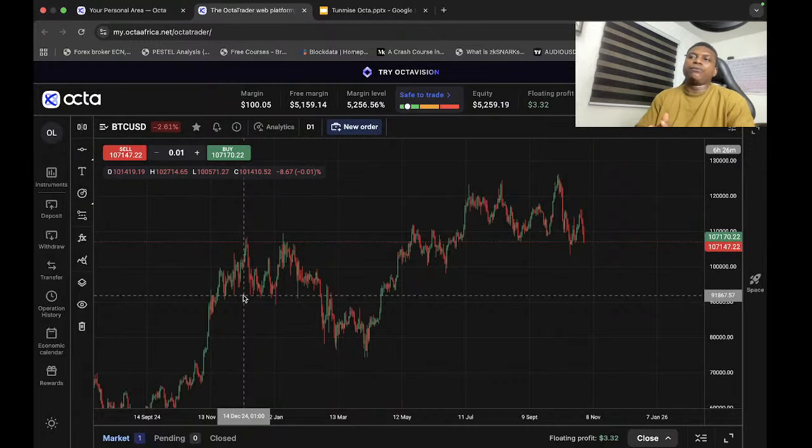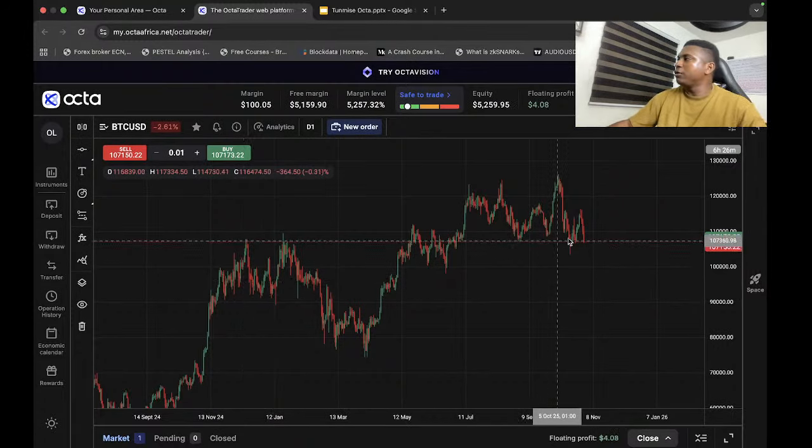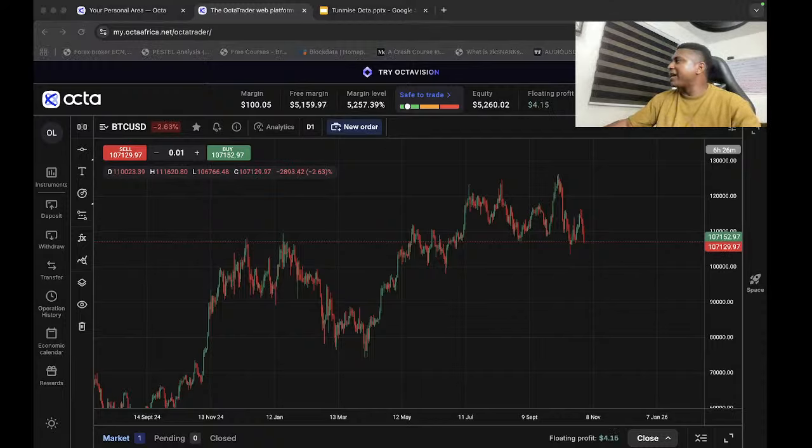We are going to first understand what the current market structure is, and we are going to map out key levels of support and resistance at this market structure.